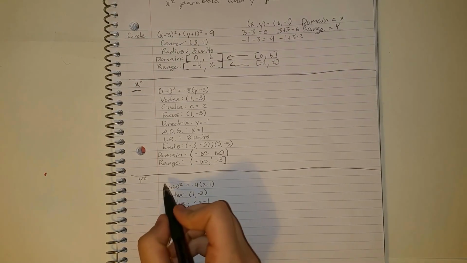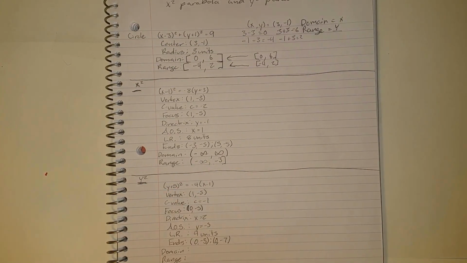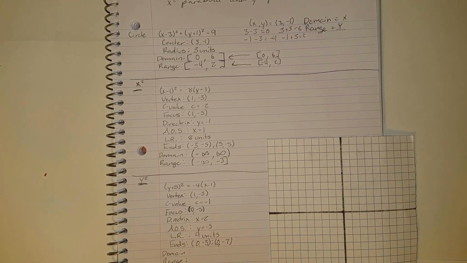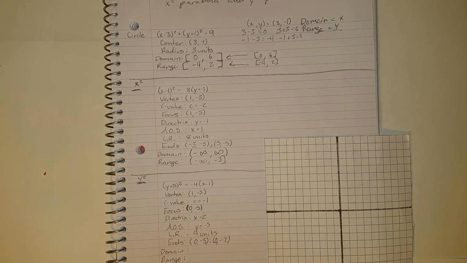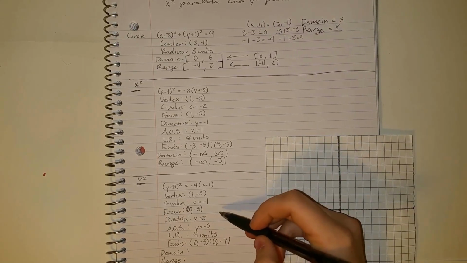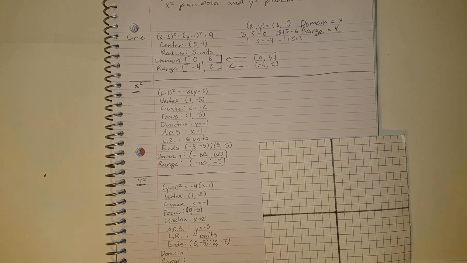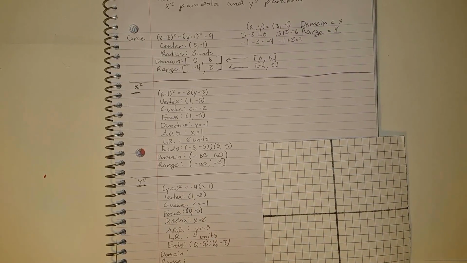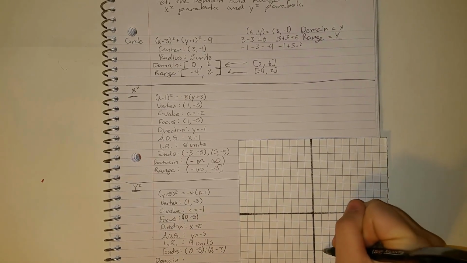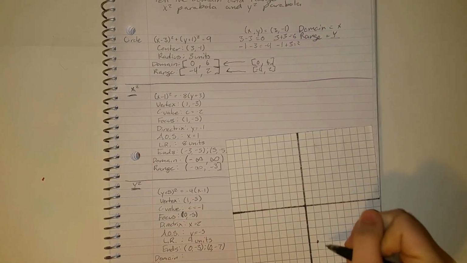A y squared parabola is very similar. In this case, the equation is (y + 5) squared equals -4(x - 1). Same situation, you get your vertex, c-value, focus, directrix, axis of symmetry, latus rectum, and endpoints, which help you graph. (1, -5), c-value 1.